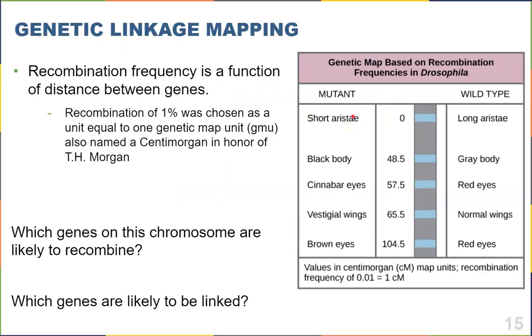Okay, so genetic linkage. So let's talk more about how genes are linked together. So if we look at this, this is a genetic map for our fruit fly. We're showing aristae, the length of aristae, body color, red eye color, wing size, and then either brown or red eyes.